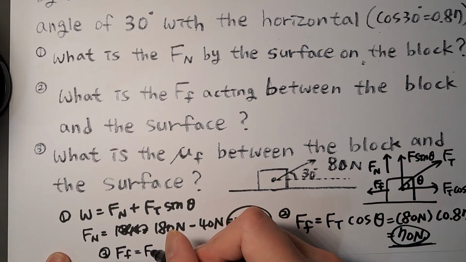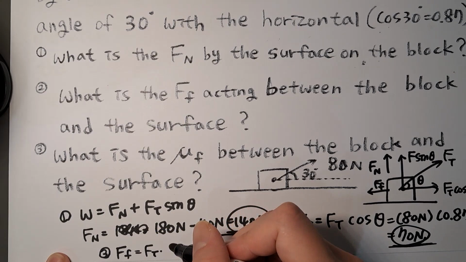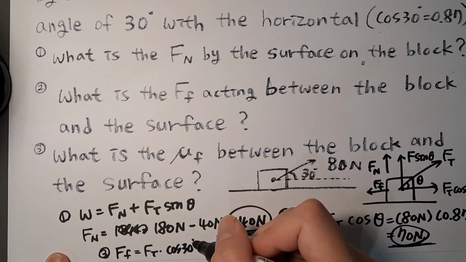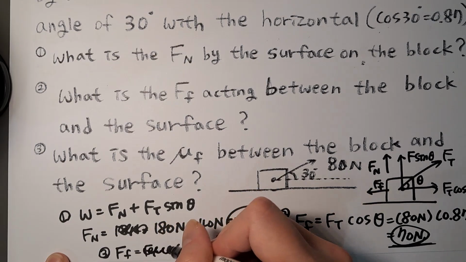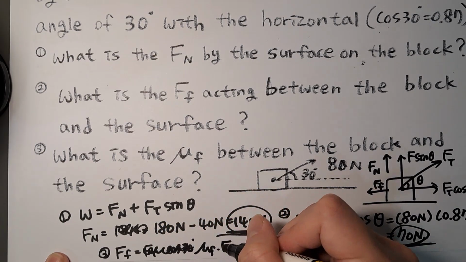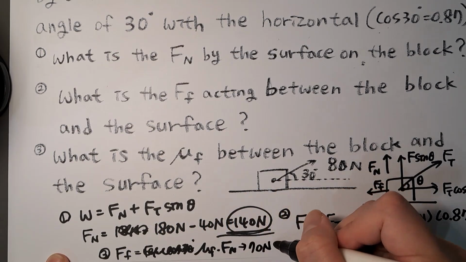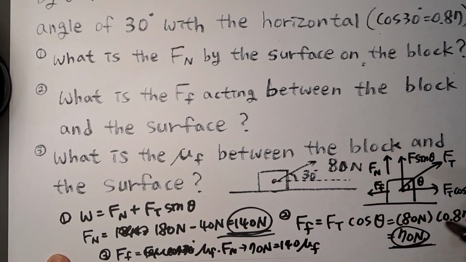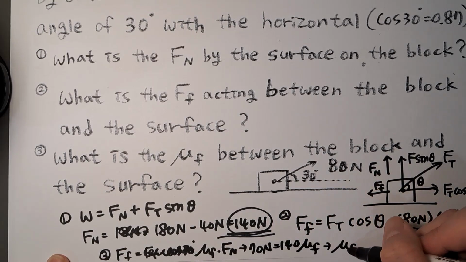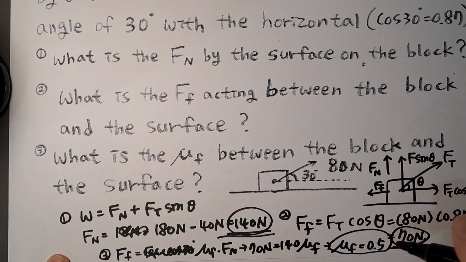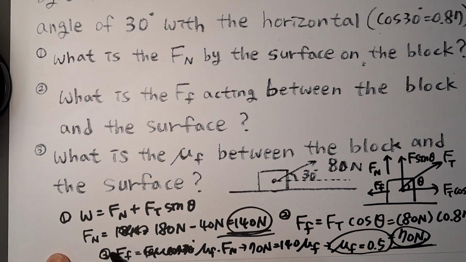So the coefficient of friction is going to be 0.5. So this is what we are finding.